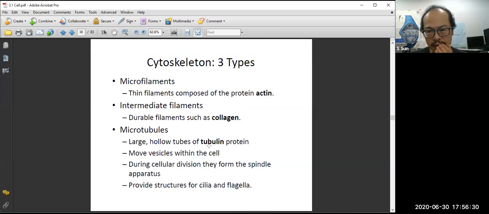Microtubule has a lot of roles. One is that it can be the rail system to move vesicles. It can form the spindle apparatus during cell division. It can also provide a structure for cilia and flagella.